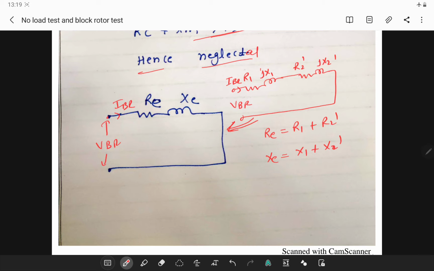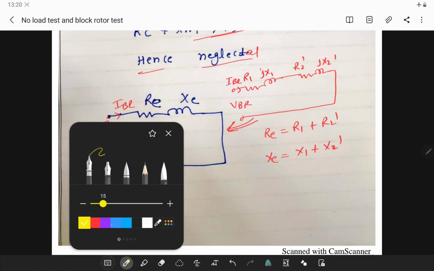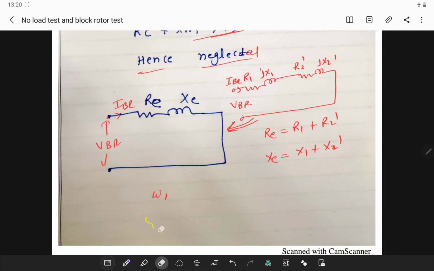So can I find the value of Re? Because the wattmeter will give the reading of active power flowing in the machine. So I can say, if the wattmeter is showing the 3-phase power as W1 plus W2, then single phase power will be that divided by 3, that is P single phase.